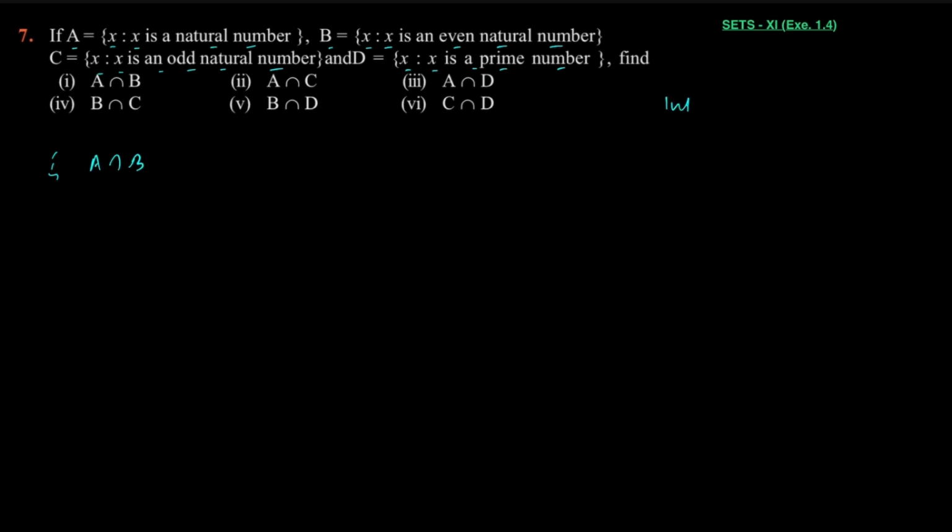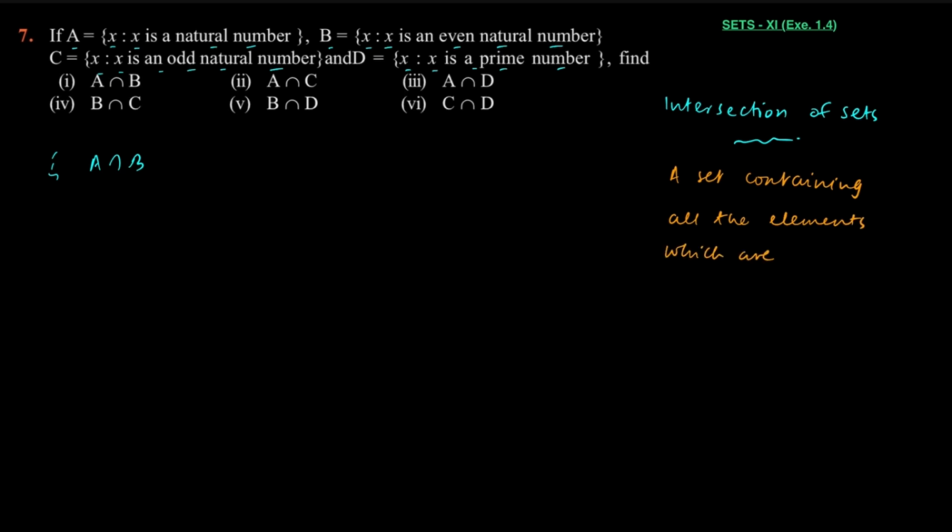We have gone through what intersection of sets is. Here we are having a set containing all the elements which are common to the given two sets.